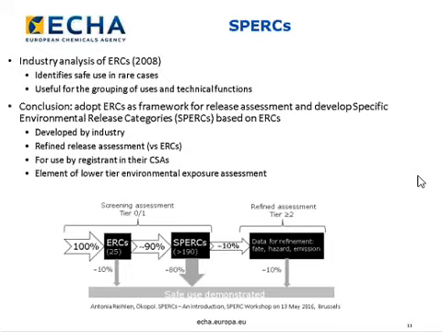They are useful in principle just for describing substances and maybe categorizing them in some groups. But it was concluded that industry sectors need to develop their specific, more refined and justified release factors for a bit higher tier assessment, which is still a low tier assessment in the general picture, but which would justify safe use of more than 10% of substances and would bring it to 90% by assessment of the industry.